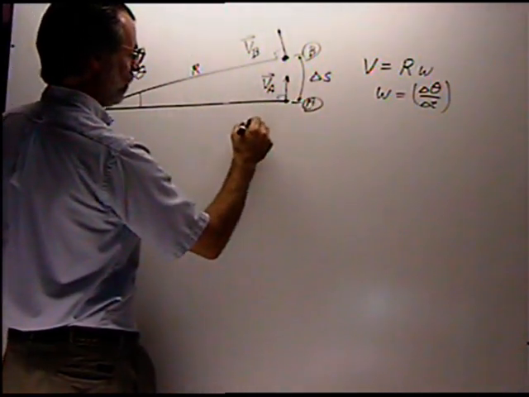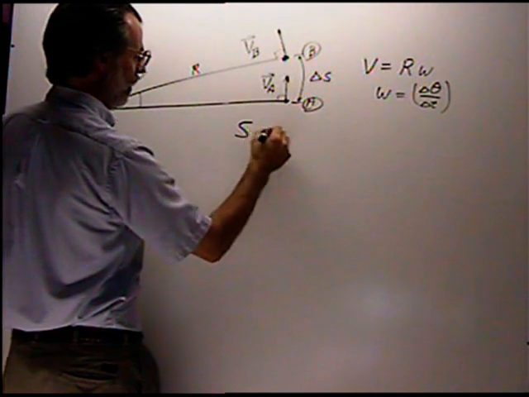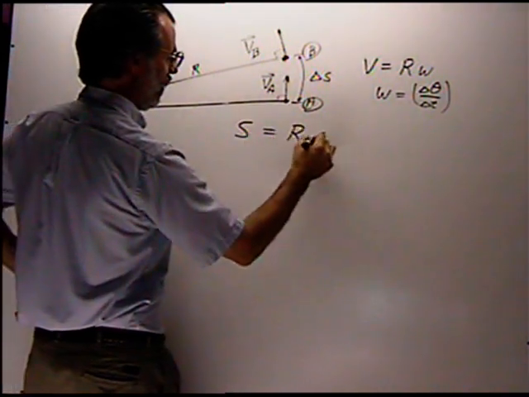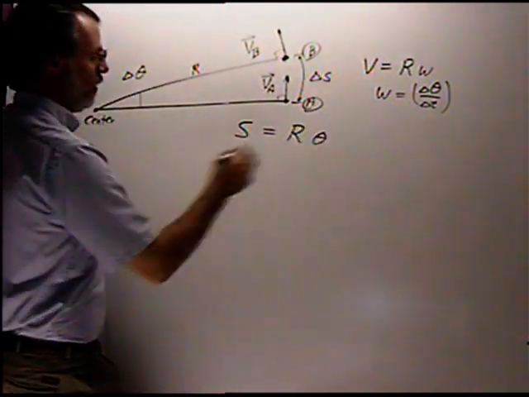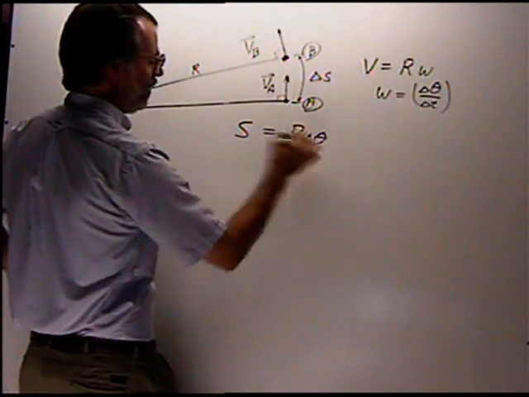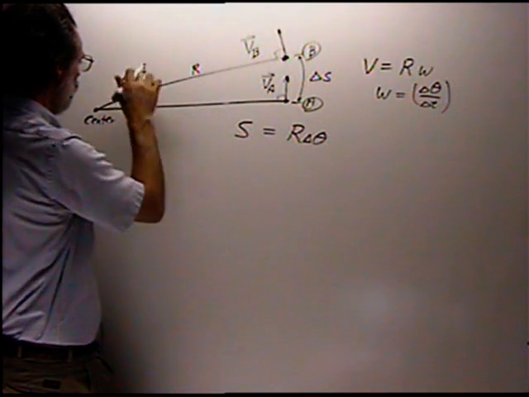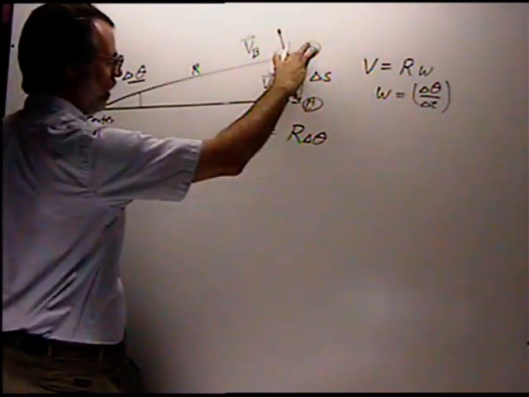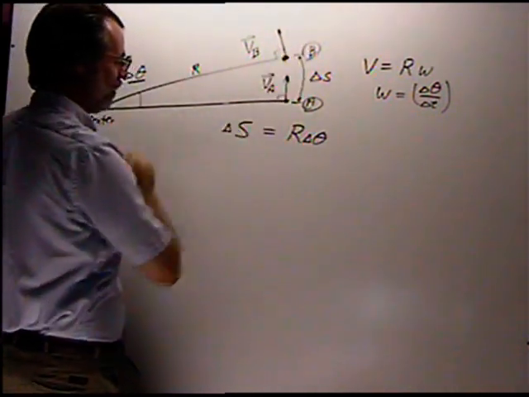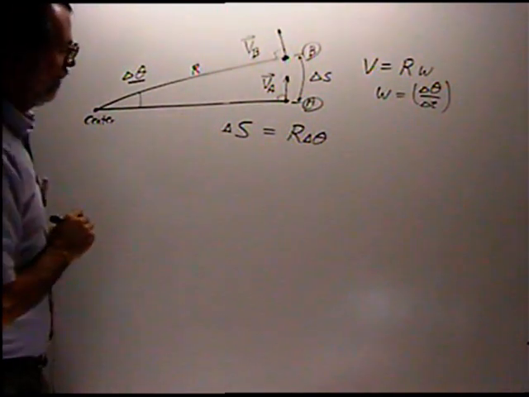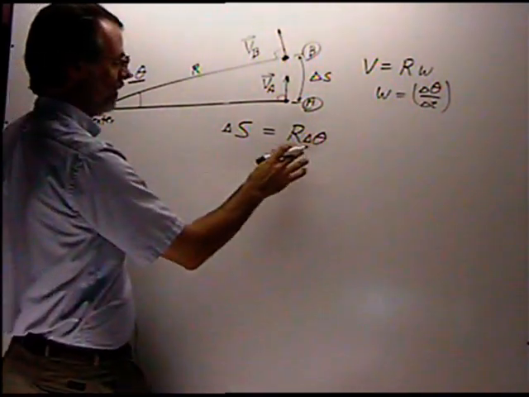Remember, we're going to start from the basics. S, arc length, equals R times theta. Now if we change theta by a little delta theta, then we change the arc length by just a small delta S, and this is how they're related.